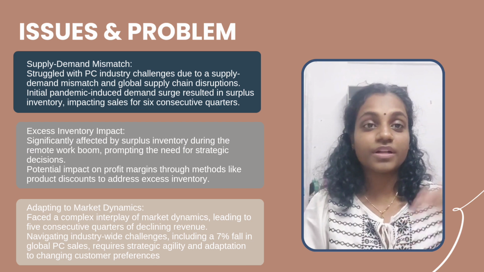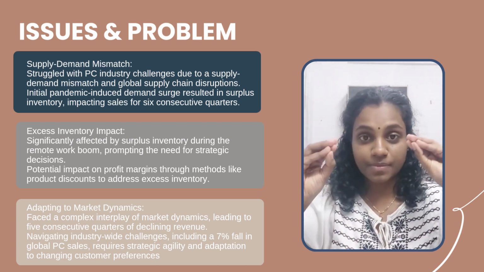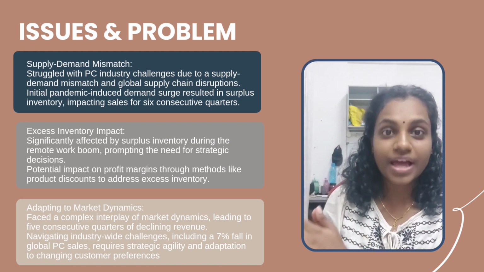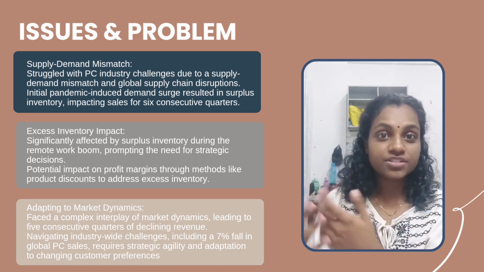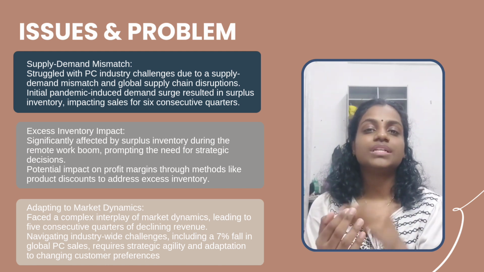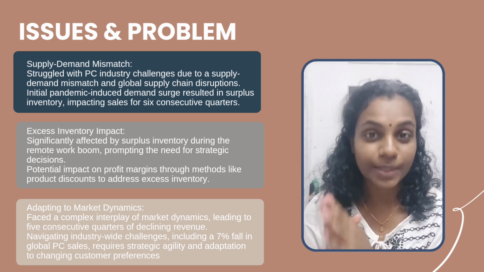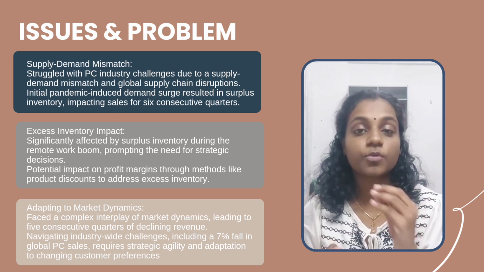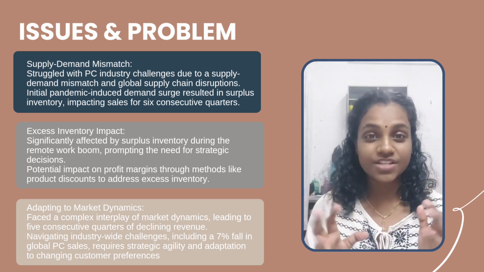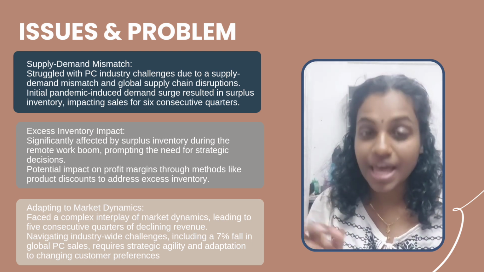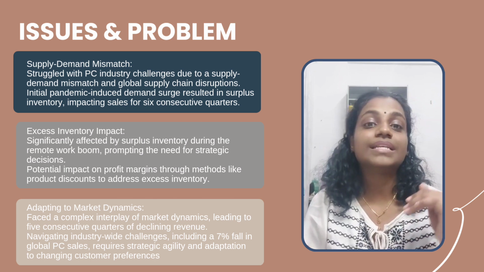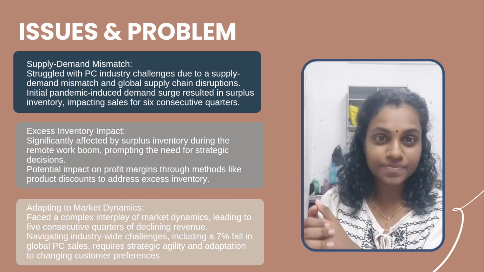Now, let's talk about the issues and problems faced by Lenovo Group Limited. In the face of global supply-demand mismatch, exacerbated by disruption in the supply chain due to the lingering effects of the COVID-19 pandemic, Lenovo, a prominent PC manufacturer, experienced a substantial decline in sales for 6 consecutive quarters, after initially benefiting from a surge in demand driven by the shift to remote work.